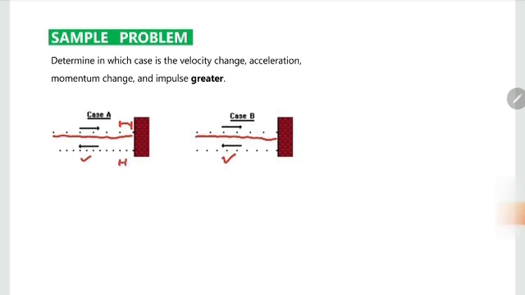From this space, it becomes very close together, while from this space, it gets closer but not as much as in case A. So the velocity change is bigger in case A. Of course, the acceleration is also large there. By definition, since m times v is momentum, the momentum change is large here. Since momentum change is equal to impulse, the impulse is also large here. That's all. Okay?